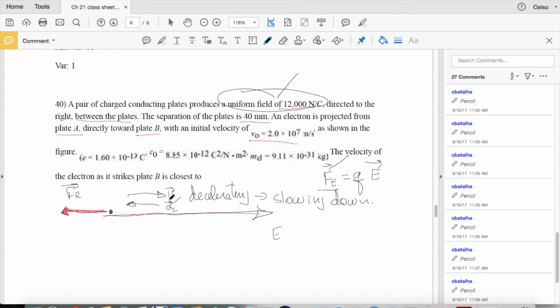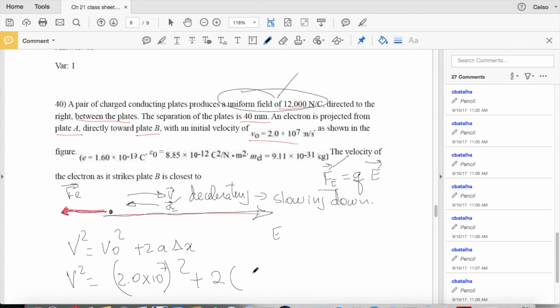And it seems that the problem is chapter 2 of your physics book, so you can use all kinds of kinematic equations. If you apply v squared equals v naught squared plus 2a Δx, right? So the final velocity you want to find, the initial velocity is given, 2.0 times 10 to the 7, and then you square that, plus 2 times acceleration.